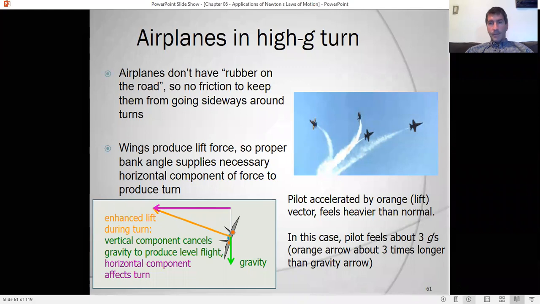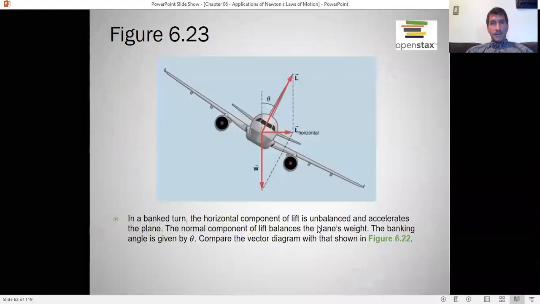And again, you can see the vectors. Here's a commercial airliner. You're not going to make high G turns with this. Generally they bank, but the amount of lift maybe increases it to 1.3 Gs, 1.4 Gs.